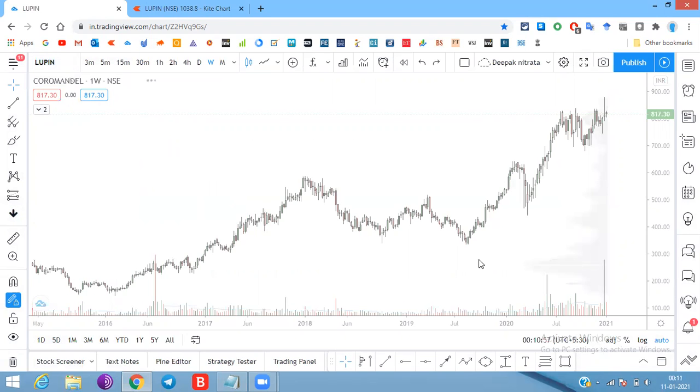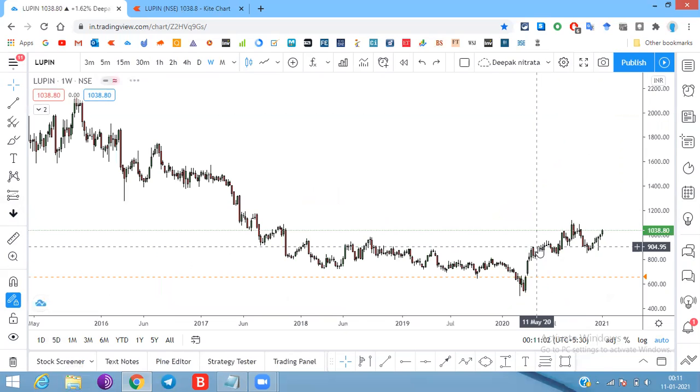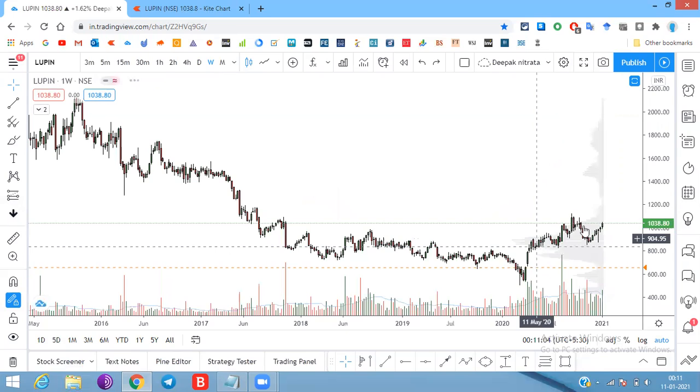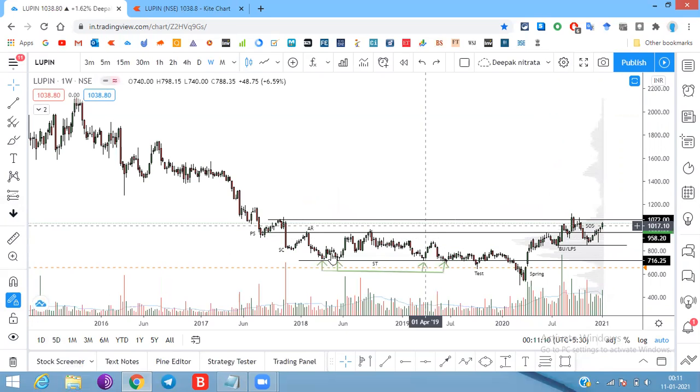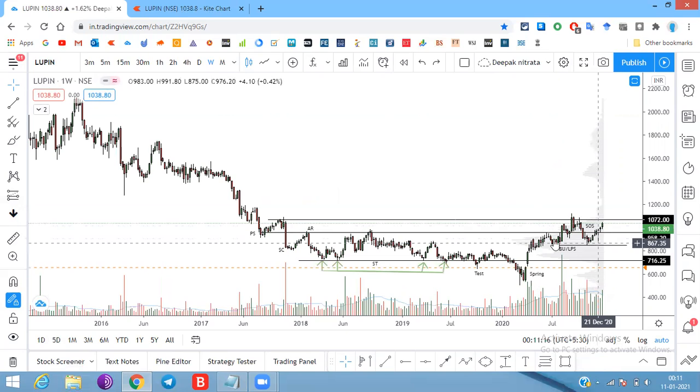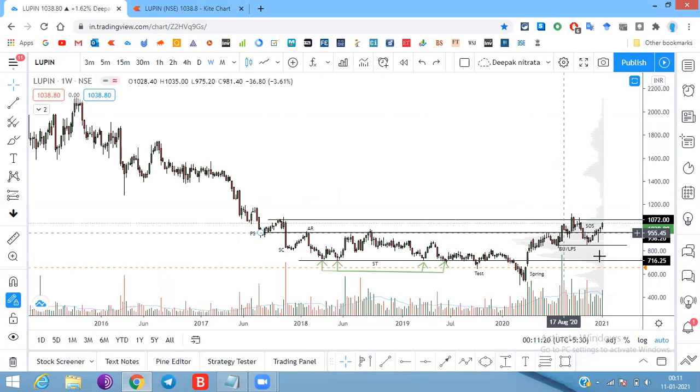I'll show you the point of control. Point of control is usually nothing but the highest HVN, the highest high volume node region. So here we can see this accumulation portion, this Wyckoff accumulation cycle right now has the highest volume node, which can be called the point of control too.